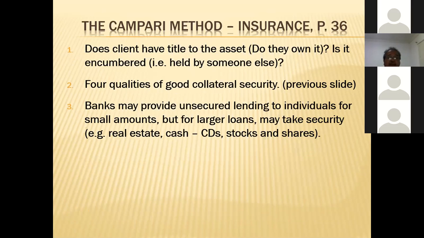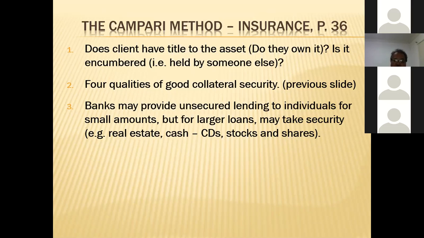Okay, so point 3, it says, we're on top of page 37. Banks may provide unsecured lending to individuals for small amounts, but for larger amounts, they may take security, such as real estate, cash, and cash meaning CDs, and to a lesser extent, stocks, shares, bonds.